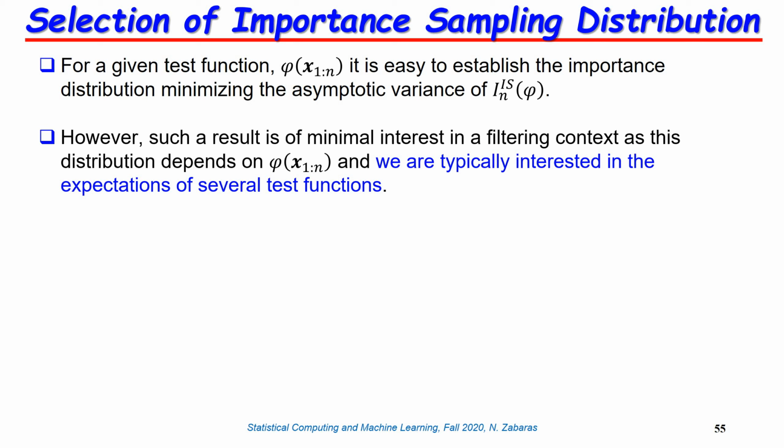So this will not work for us, but more importantly, this optimal importance distribution will not be useful in a sequential manner. Having an importance distribution that is optimal at a given time, how is that going to help me compute the optimal proposal distribution at the next time step? The answer is it will not.